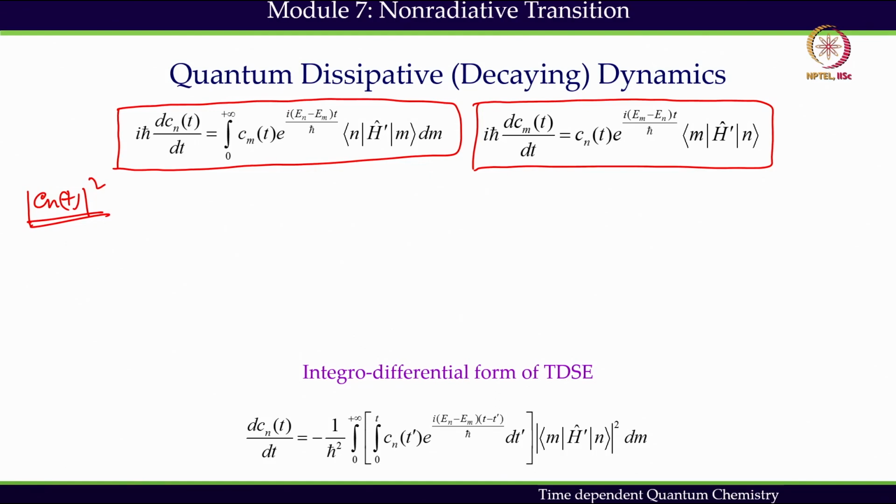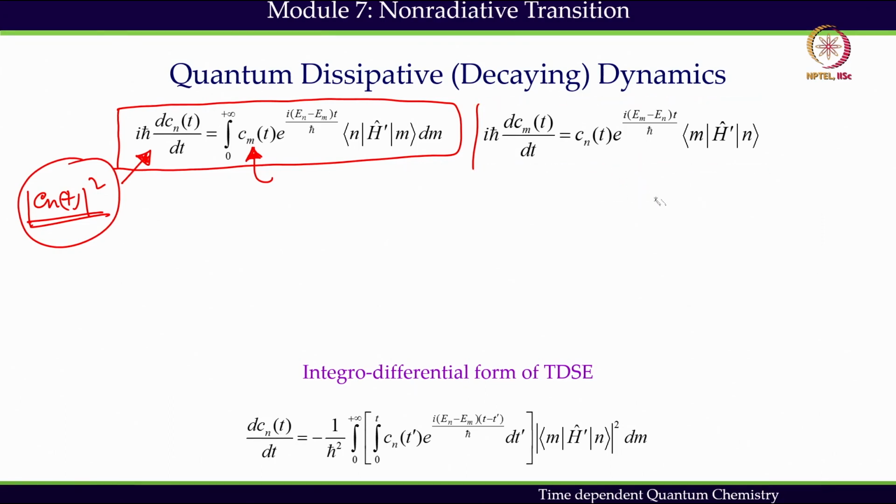From this equation I can get it, but the difficulty in this derivation is that I have to find an expression for Cm first. The Cm expression can be obtained from this equation. So from this equation I get the Cm expression, I insert that expression here, then I will be able to integrate this equation to get the population in the nth state. That's exactly what we are going to do.